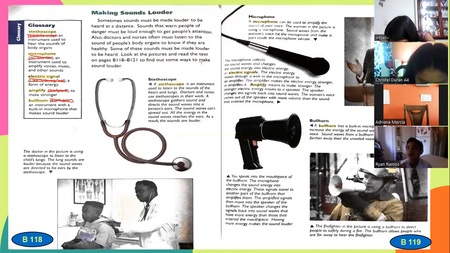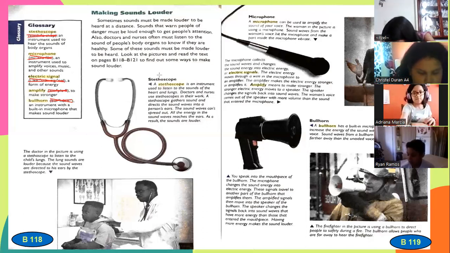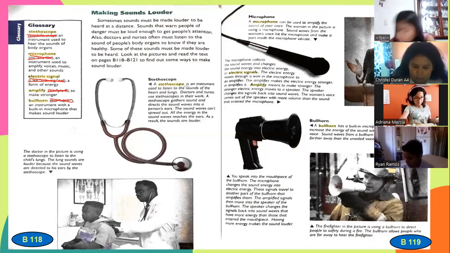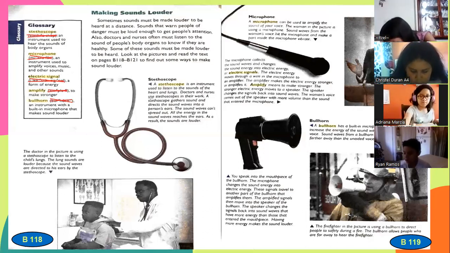Look at the pictures and read the text on pages B118, B129 to find out some ways to make sound louder. A stethoscope is an instrument used to listen to the sounds of the heart and lungs, not only the heart.